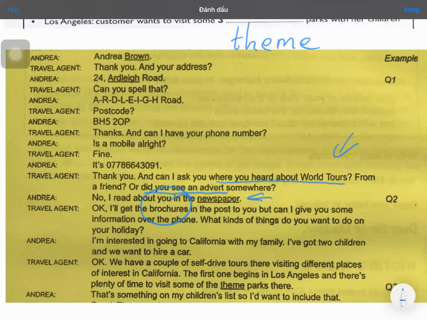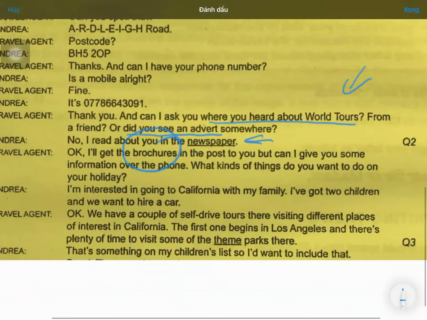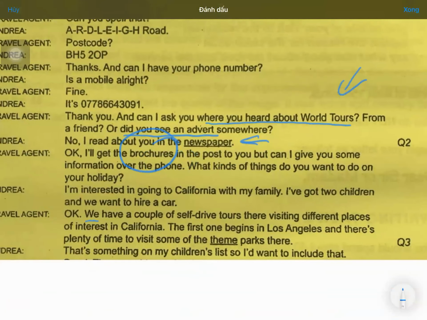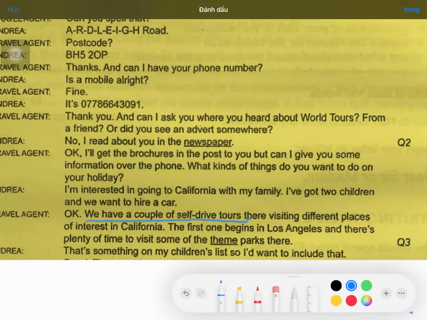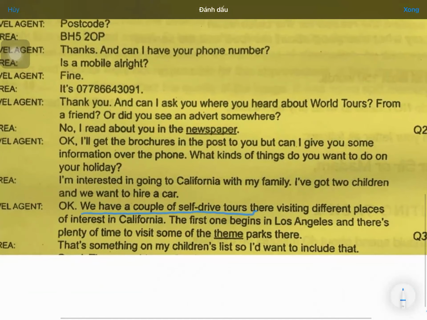And as the man said, they have a couple of self-drive tours, right? Let me remove some distractors here. The man said that his agency has some self-drive tours, and the first one begins in Los Angeles, right?